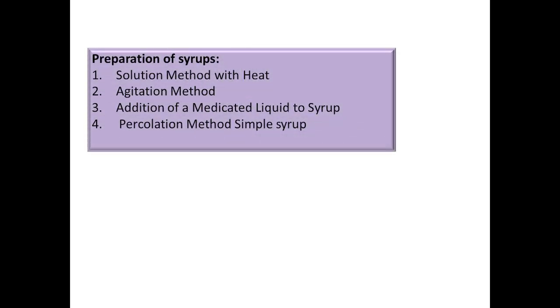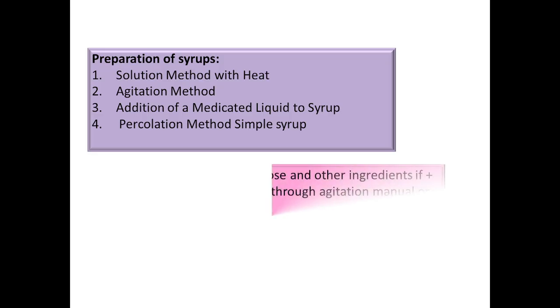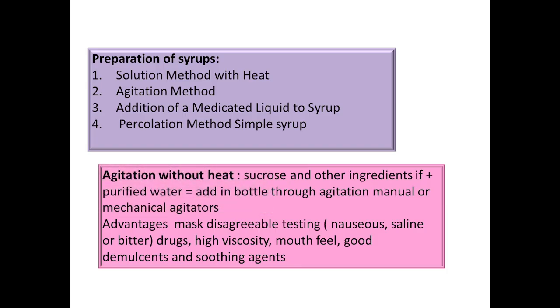Now there are different methods which are used to prepare syrup. The first is the solution method with heat, then the agitation method, addition of medicated liquid to syrup, and the percolation method. To prepare simple syrup, the first one is agitation without heat.